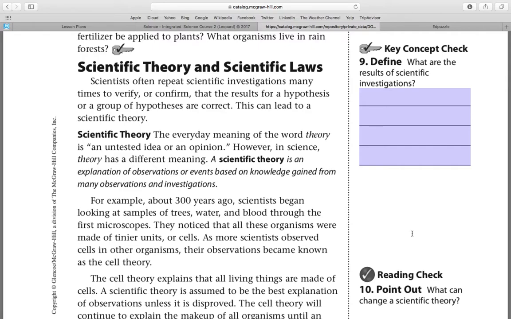A law, however, doesn't change. It describes a pattern or event in nature that is always true. Like the law of conservation of mass, Newton's laws of motion, the law of gravity. These things will happen. If you hold a pencil out in front of you and drop it, it will fall to the ground. Scientific theory, like we said, the cell theory, will stay the cell theory until it's proven otherwise.